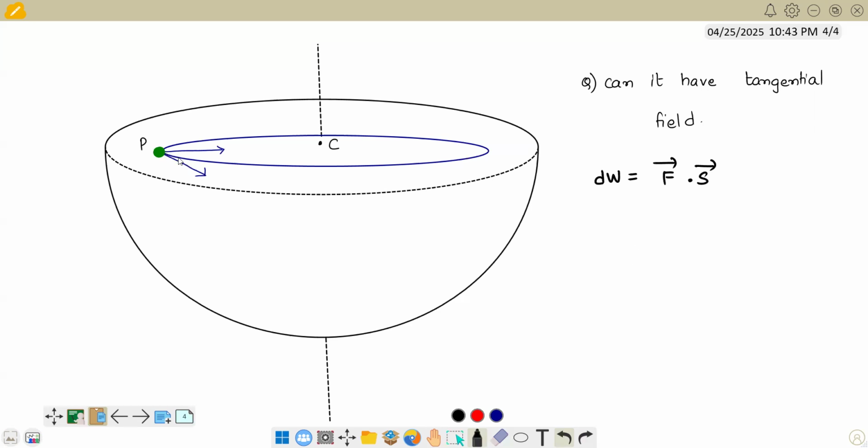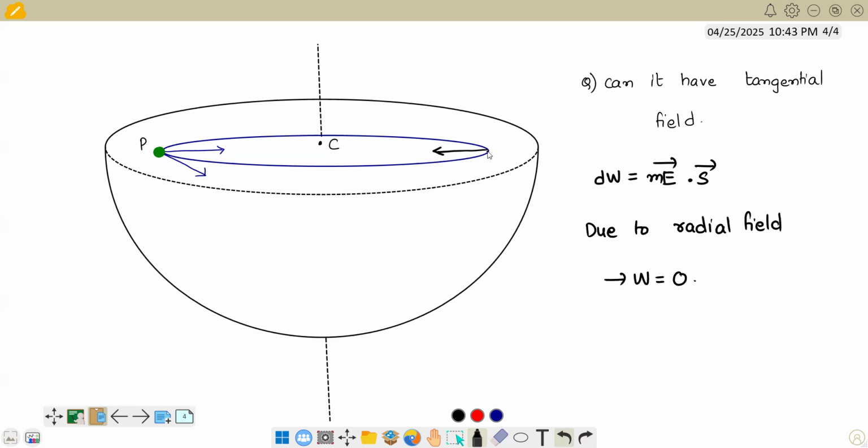So the work done due to radial forces or radial fields would be 0. Due to radial field, work done equals 0. Why is the work done 0? I will tell you. Imagine the field is pointing in this way.